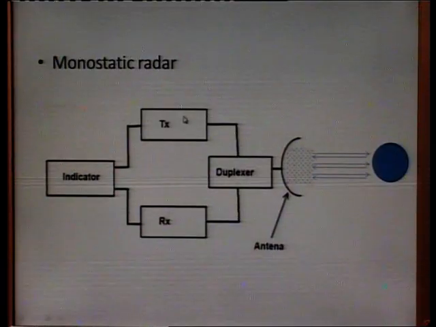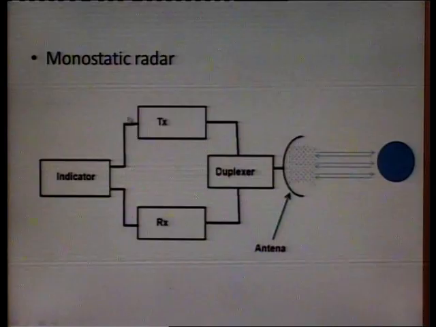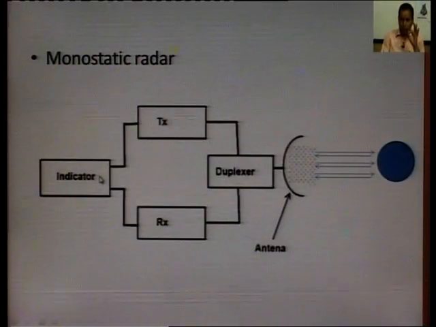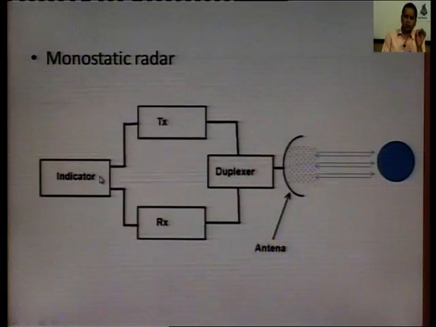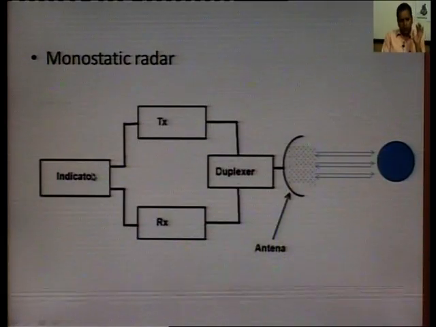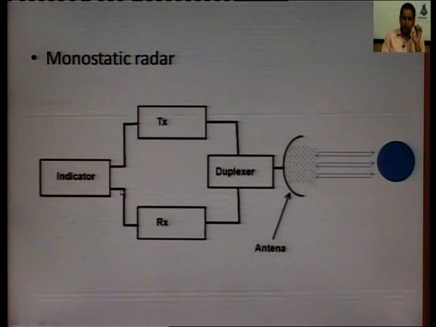When the signal is transmitted by the transmitter, you can see from here a contact is given to the indicator also. So, at the same time when the signal is transmitted from the transmitter, a reference signal is sent to the indicator, which marks the beginning of the time. So, this time clock is triggered on when the signal is transmitted, and triggered off when the signal is received through the receiver.